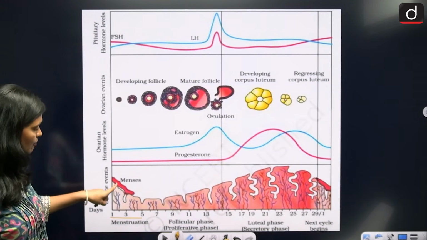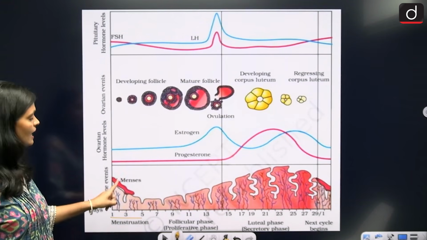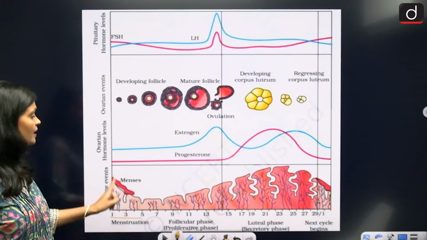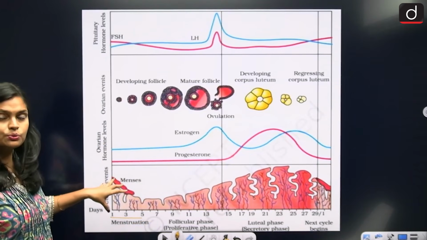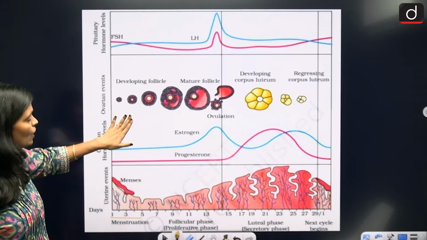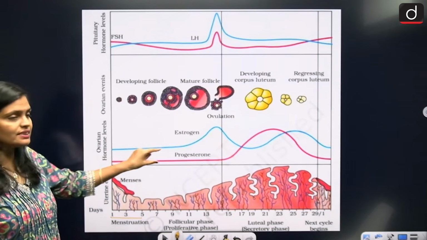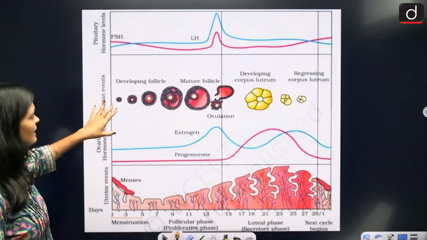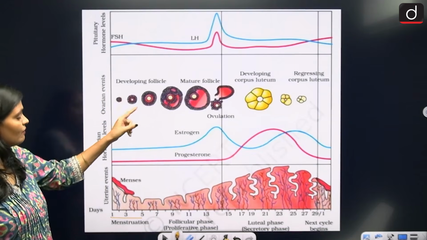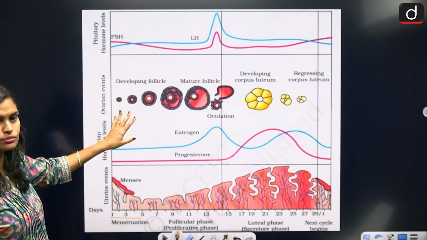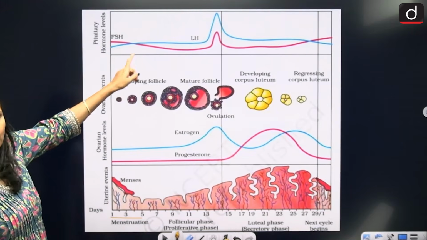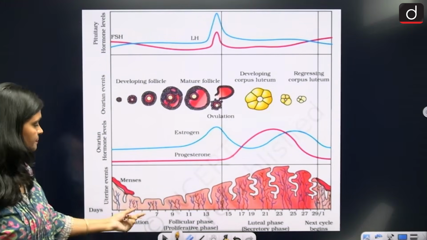The endometrium wall degenerated and the blood comes out. In the uterus this event takes place. Inside the ovary nothing changes in the estrogen and progesterone, but yes, the follicles start up. During the first 5 days follicles also remain the same. FSH and LH also have no major changes.